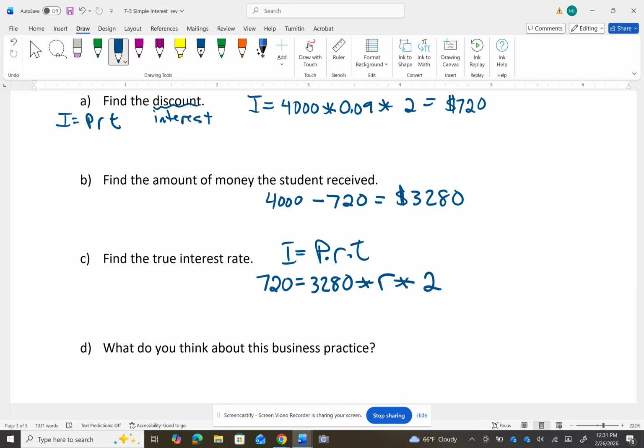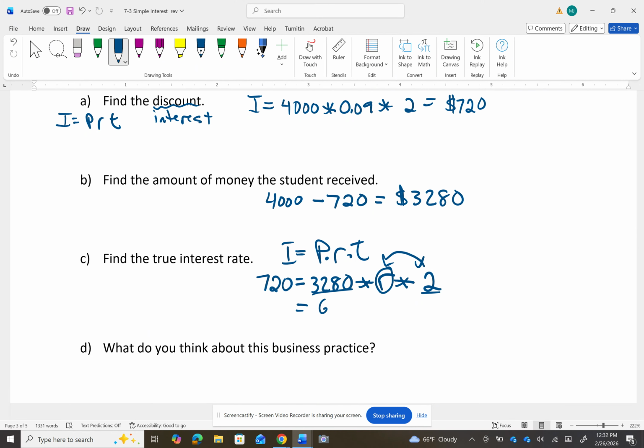We're going to calculate what our interest rate really turned out to be by solving this. Now we can go ahead and multiply these two together because multiplication is commutative. It doesn't matter what order you do those in. So I could switch around the R and the 2 and do 3,280 times 2.